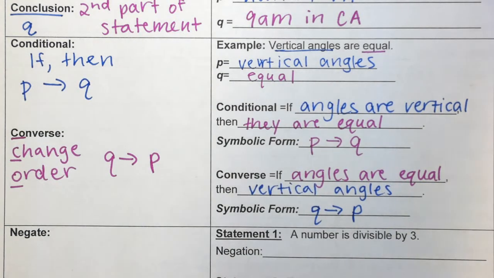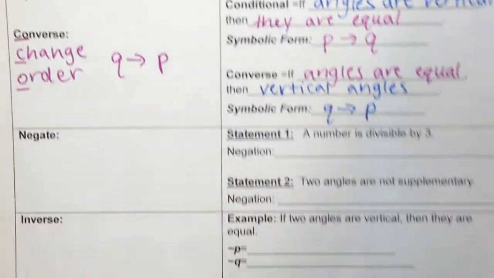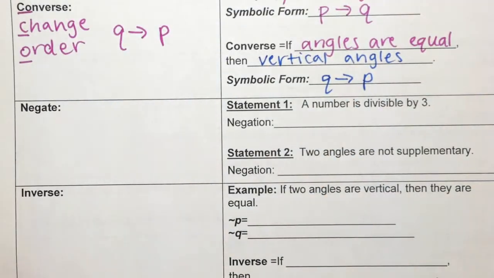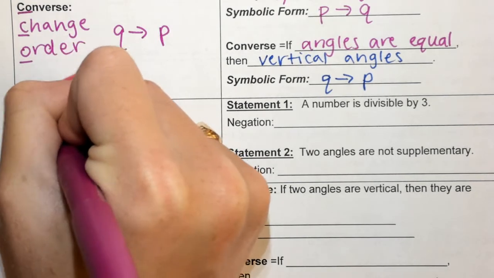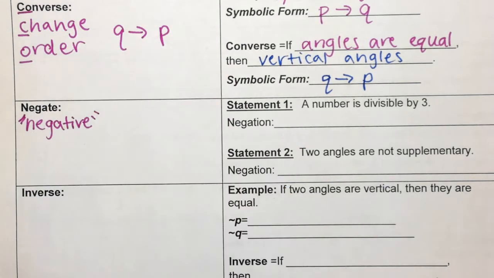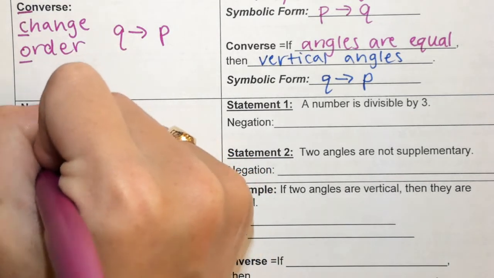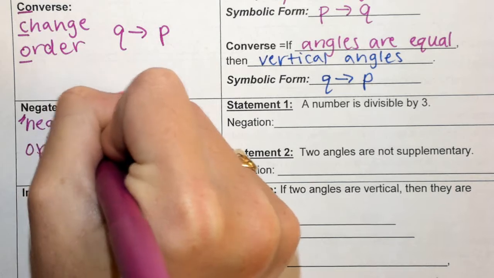Alright, before we do the next two types of statements, we need to talk about what negate means. So negate, it sounds like negative, which will help you remember. But it's not always negative. It's the opposite meaning of what you already have.